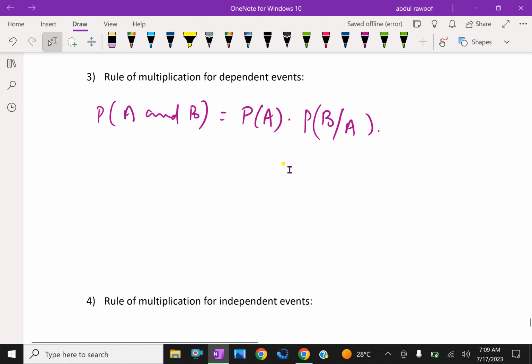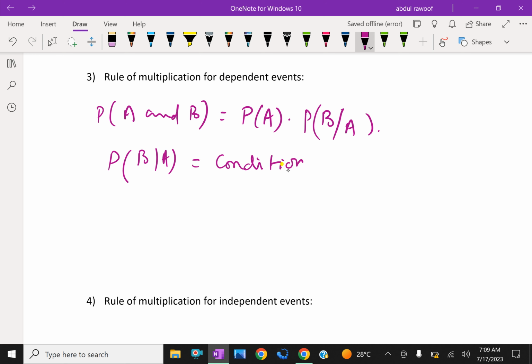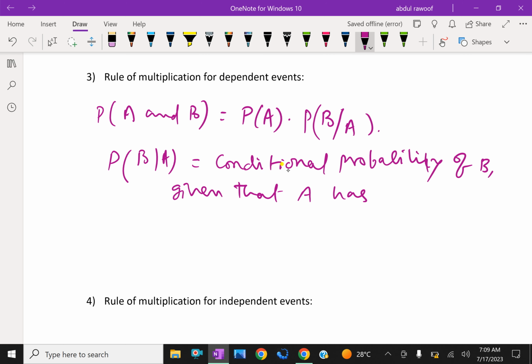Then we can say, now here, conditional probability, you can say P of B given A, which means the conditional probability of B given that A has already occurred.